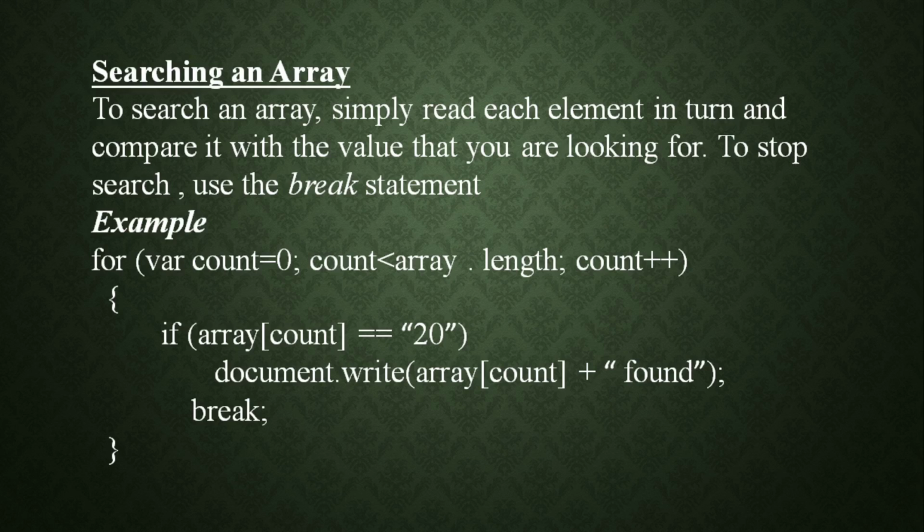Searching an array. To search an array, simply read the elements in turn and compare each with the value that you are looking for. To stop the search, use the break statement. Here in this example, for count equals 0, count less than array length, count plus plus.